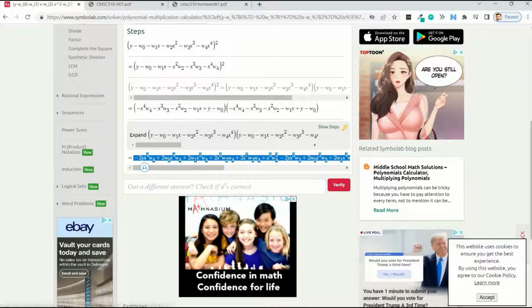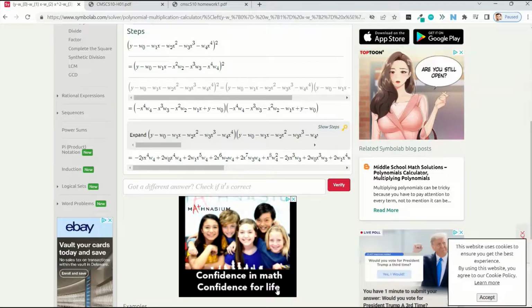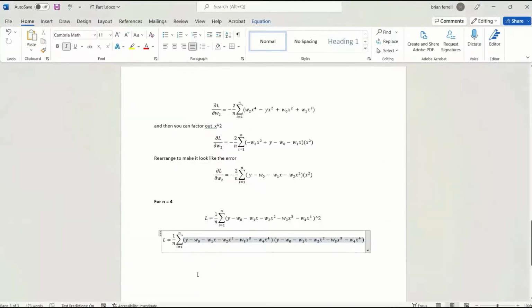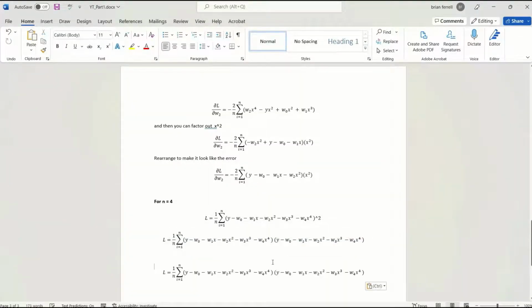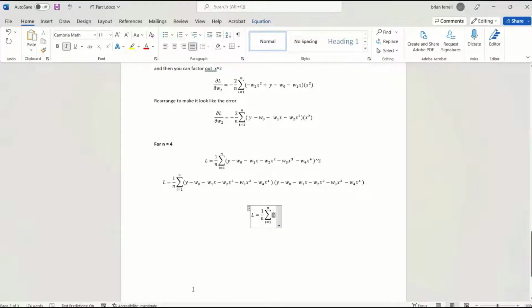But if we can copy and paste this, maybe copy this first, put it right there, get rid of all this, and hopefully you're kind of seeing what I'm doing.